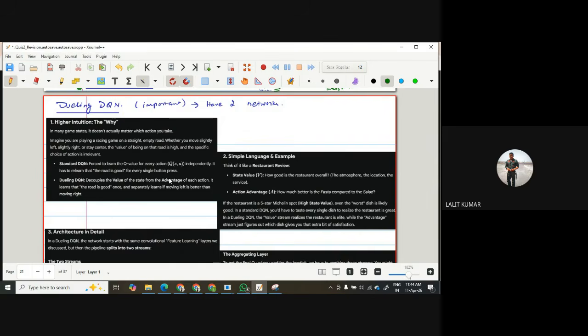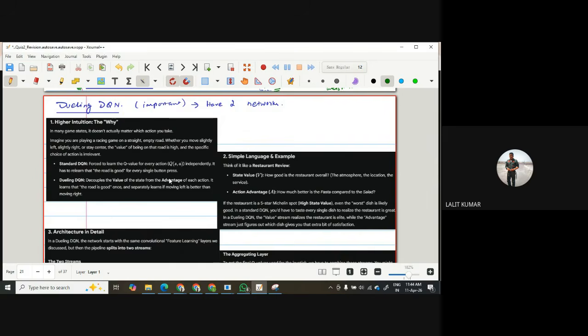So in both, we have to decide differently. In many game states, it does not actually matter which action you take. For example, in a racing game on a straight empty road, whether we move slightly left or right does not matter. If we apply a standard DQN, then for every action which is not mattering, I still have to update my Q value.